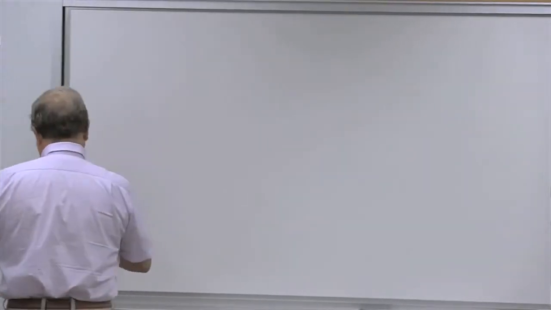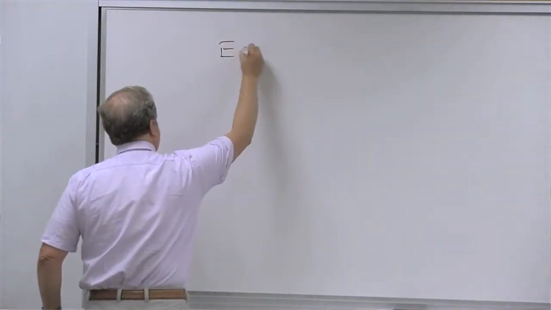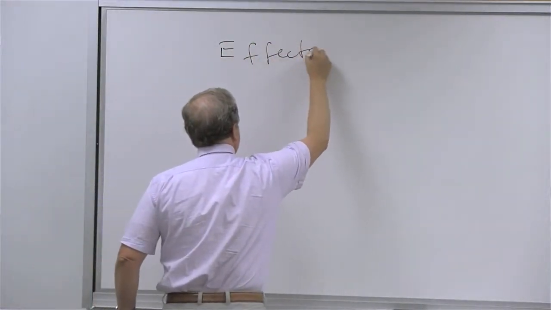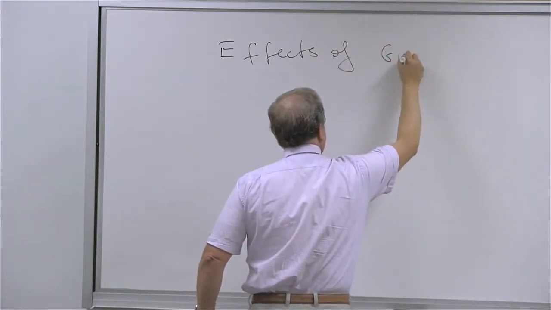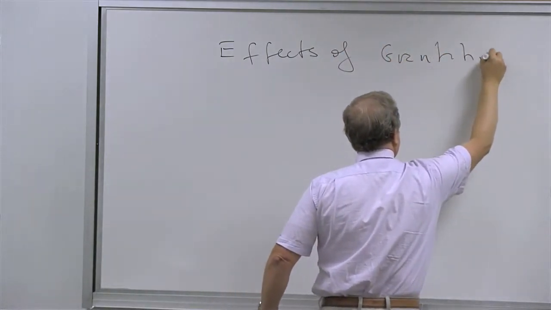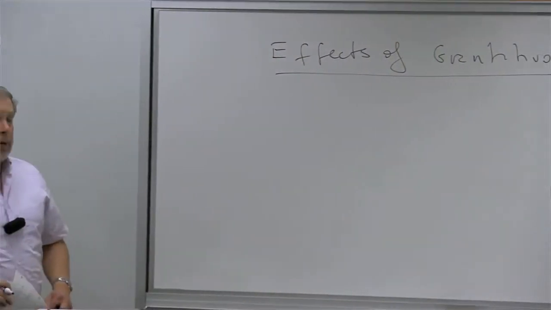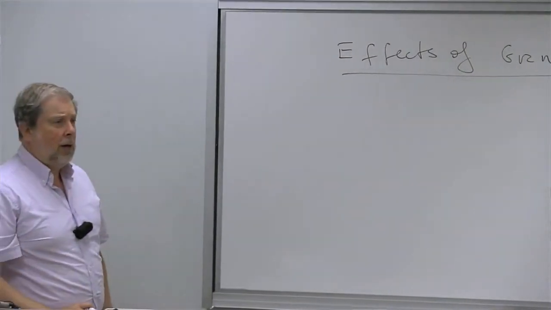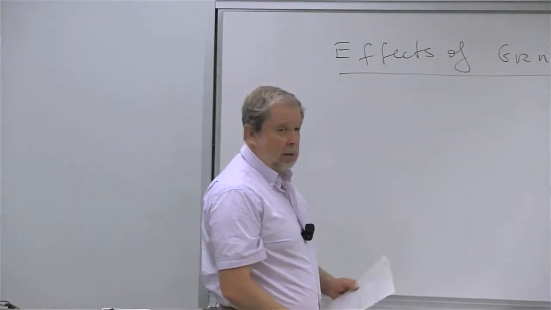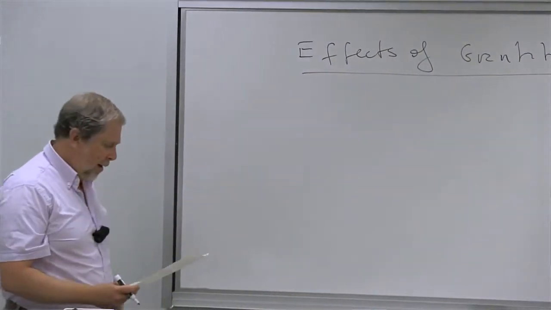We're going to talk about general effects of gravitation and how we can write some of the basic equations that describe the interaction between, say, matter and a gravitational field based on a form that is manifestly covariant.